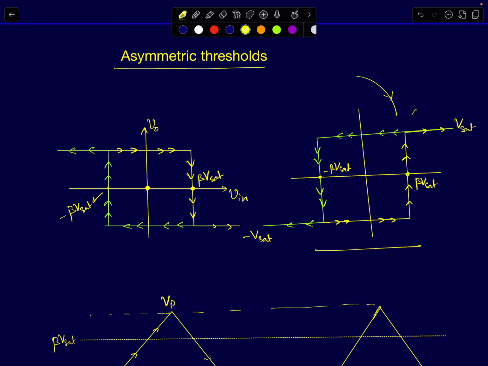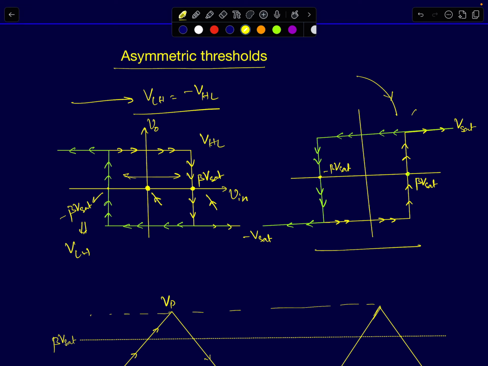In this case, this is the high to low transition voltage, and this will be your low to high transition voltage. You can see that your low to high transition voltage is simply equal to minus the high to low transition voltage. That is, the transfer characteristics exhibit some kind of symmetry around the origin. The points where the transitions happen tend to be equidistant from the origin.